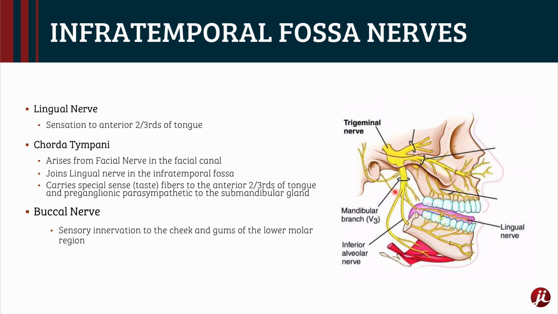If we tag a structure here and say identify this nerve and the fibers running through it, they would have to tell us that that's the chorda tympani, and running through that nerve there are parasympathetic fibers and special sense fibers. And then lastly, if we tag the nerve here, then they would have to tell us, well, that's the lingual nerve again, but at this point it's carrying sensory fibers, special sense fibers, and parasympathetic fibers all running through it.